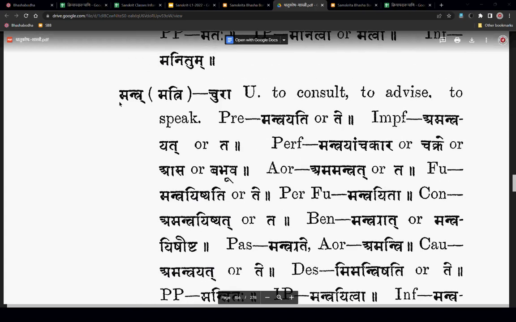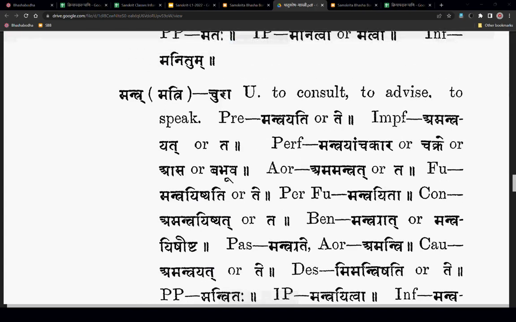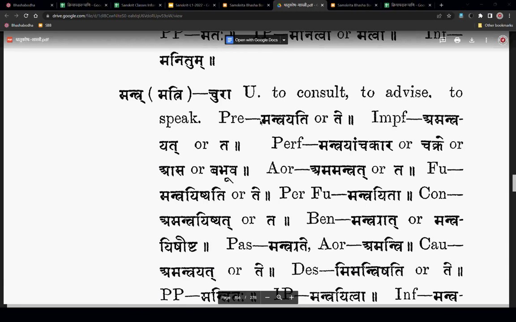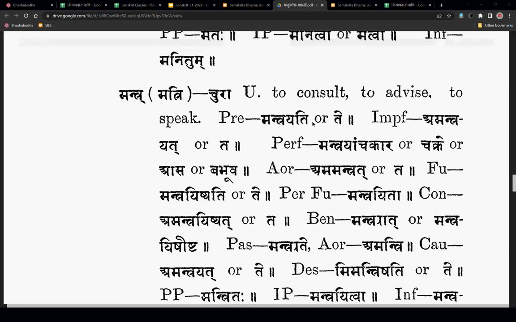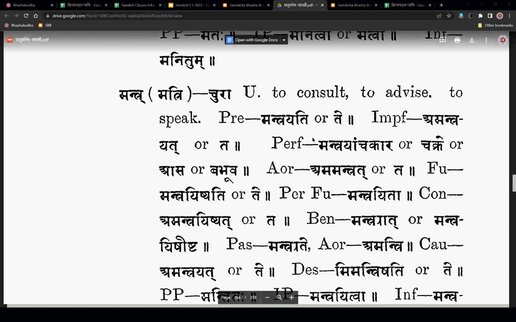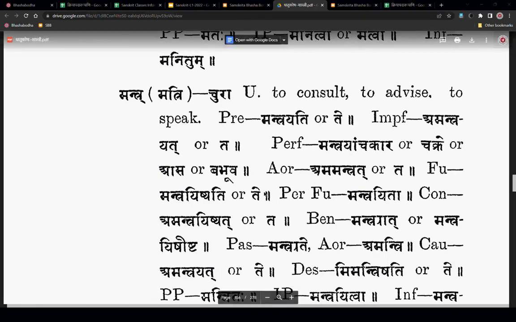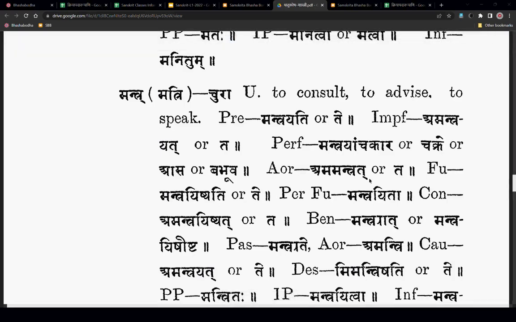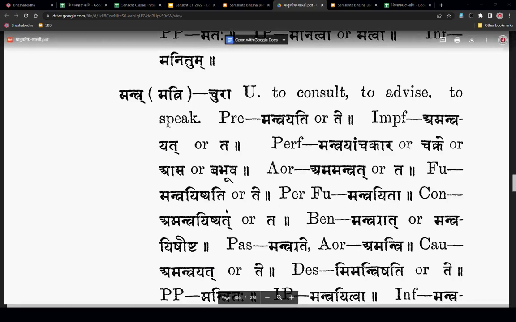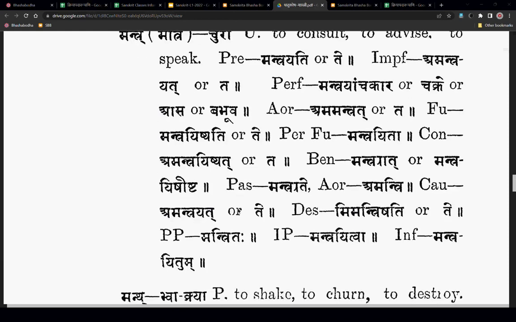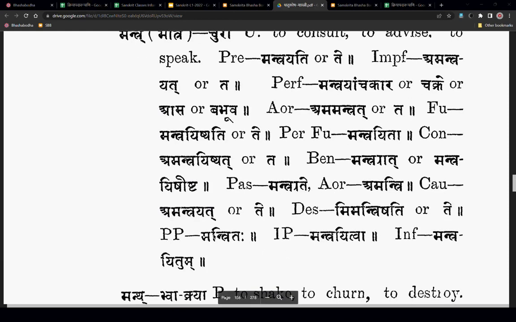So for example, mantra, churadi, this is the gana name. In the present tense it becomes mantrayati, like chorayati, kshalayati. Similarly in the future tense we have mantrayishyati, and the PP is mantrita.